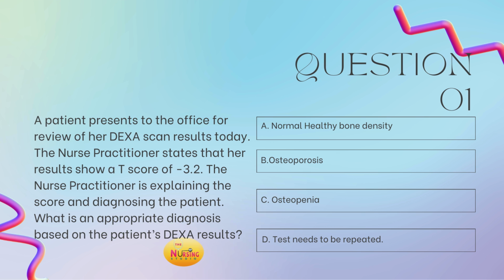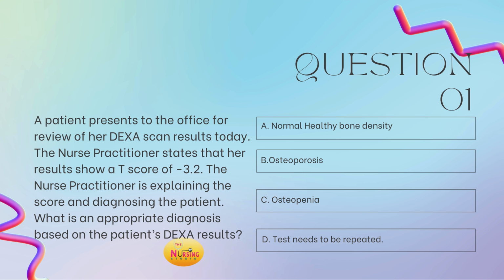So this is knowledge-based, understanding those DEXA T-scores and what those ranges qualify for our diagnoses, right? So here you should think B, osteoporosis, okay? Because we know it's not normal. Normal will be in the positive, like one and up and greater.